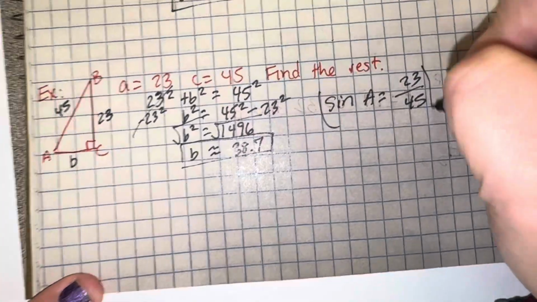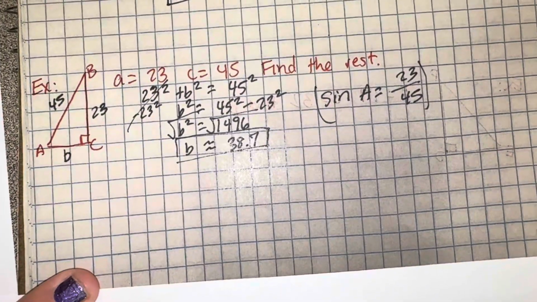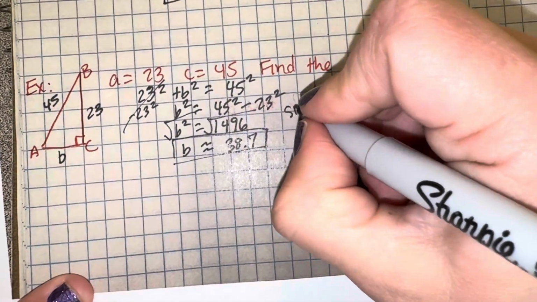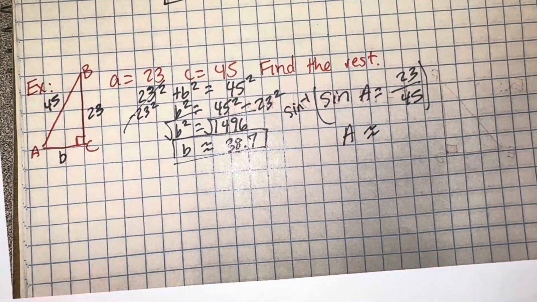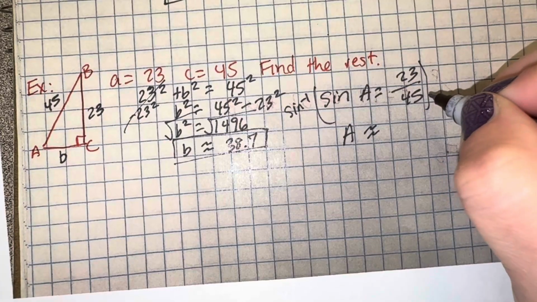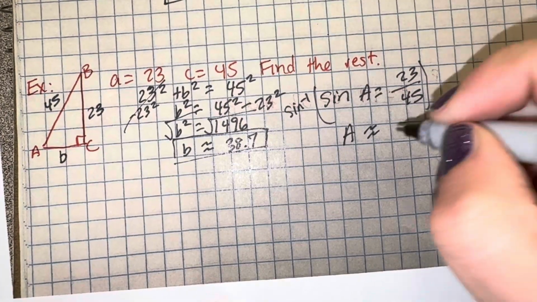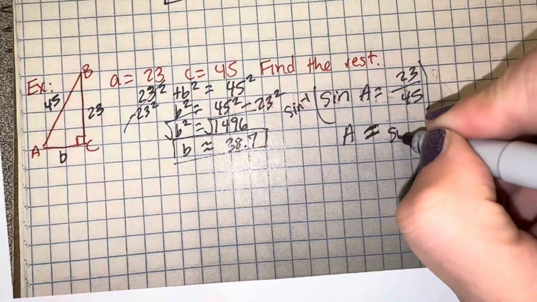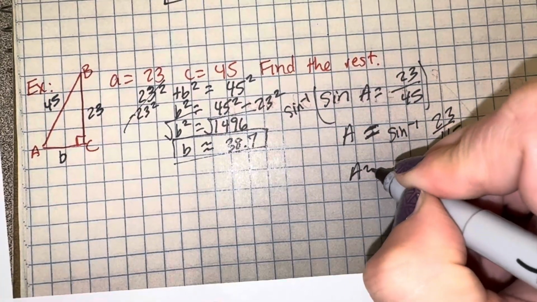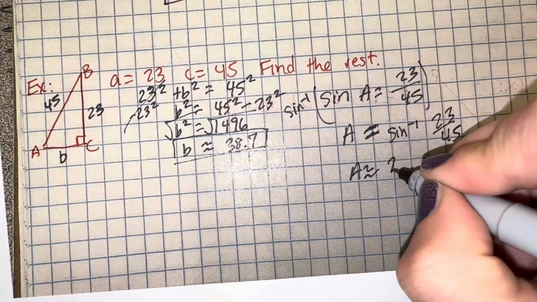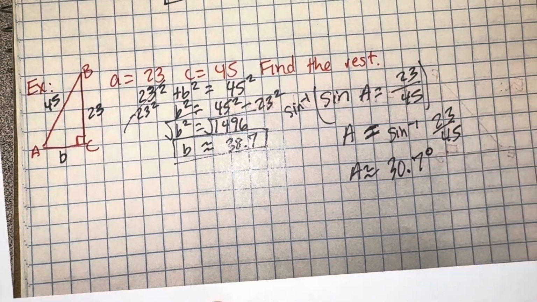Okay, and then I'm going to take my inverse sine to get my A out. The inverse sine of 23 over 45, and so now I know my A is about 30.7 degrees.